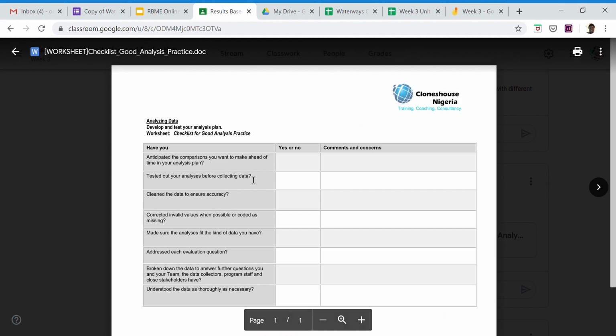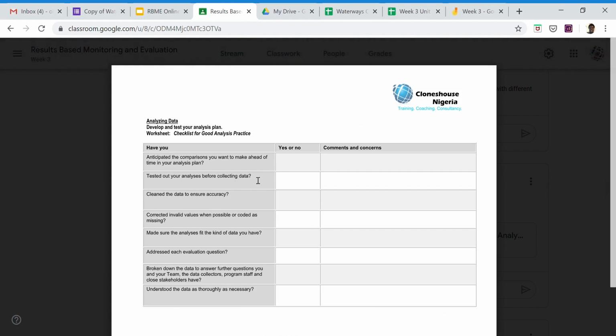Have you tested out analysis before collecting data? Like I said, before you take your instrument to the field, you need to find someone, 3 people is enough, to submit their responses so you can see how this looks. Have you cleaned the data to ensure accuracy?